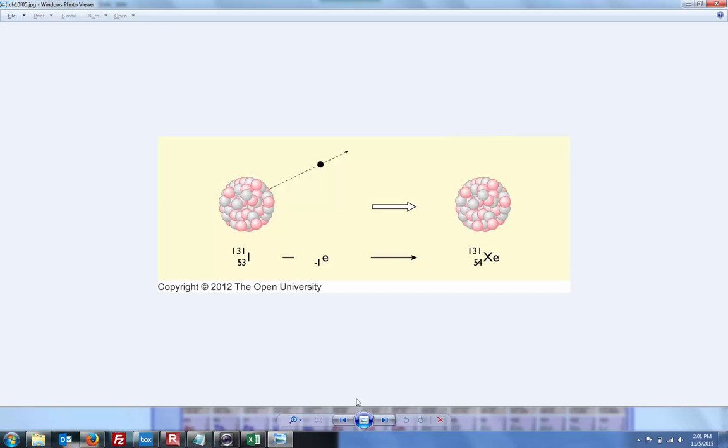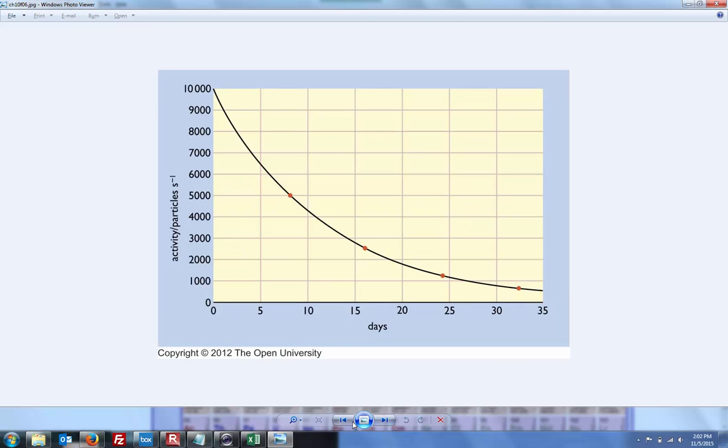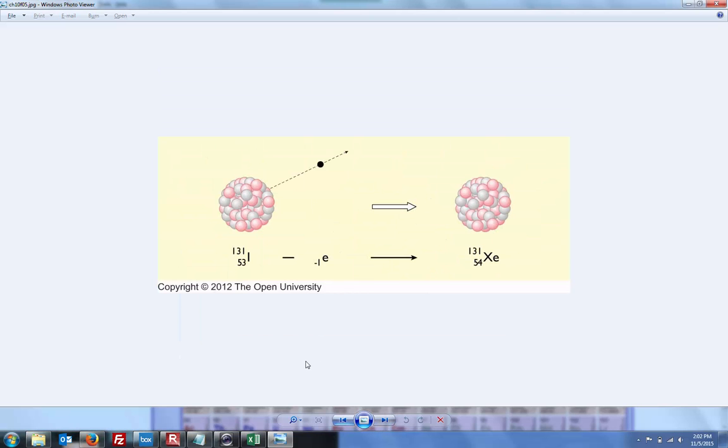Okay, so there's your beta particle being ejected. There's no picture of a neutron being ejected, but you could imagine. Let's just say, for the sake of argument, this is also iodine 131.53. If this were a neutron coming out instead of an electron, what you'd be left with would be iodine 130.53. It would just be one atomic mass unit lighter.